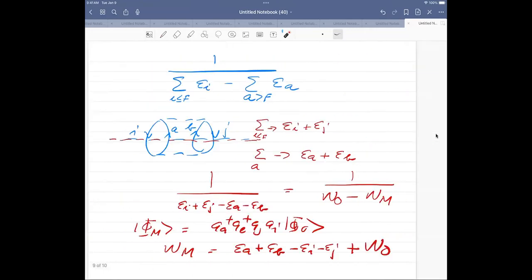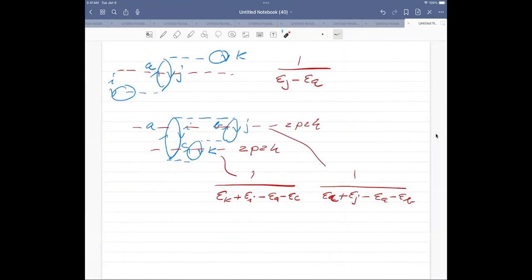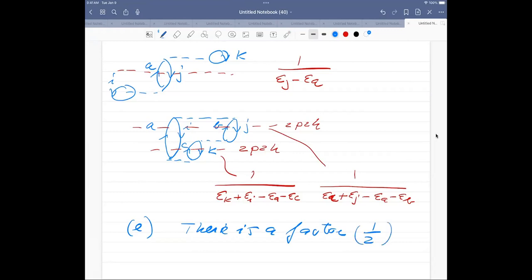Then, this was point D. There is a point E here, which is also very important. We demonstrated parts of it. There is a factor which is 1/2 to the power of the number of equivalent pairs.